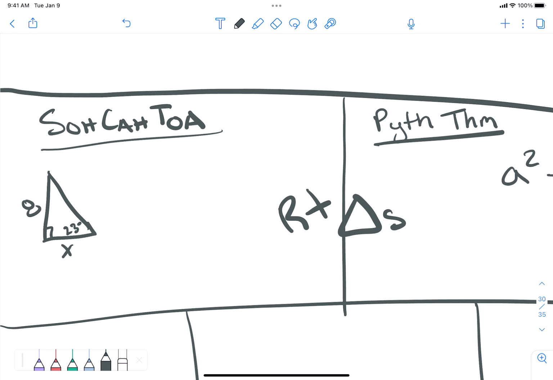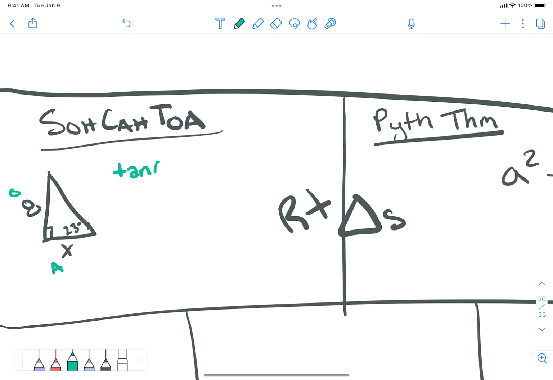If I'm solving for X, which trig function would we use if we have 8 and X? Yep, tangent. 8 is the opposite, X is the adjacent.